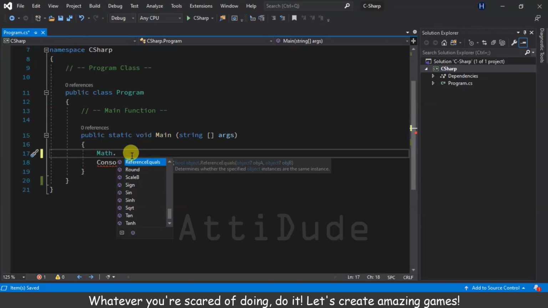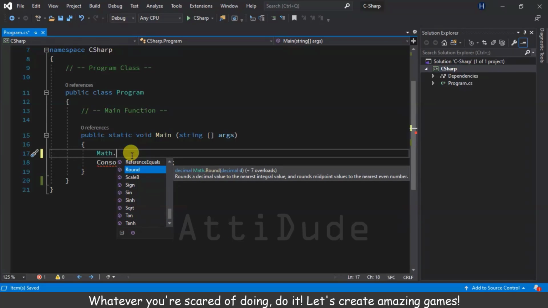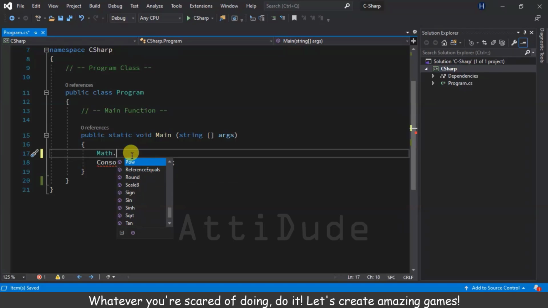You can even get Truncate, ScaleB, Round. Actually, we discussed Round, Pow, or exponent.